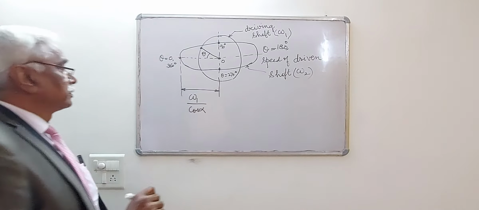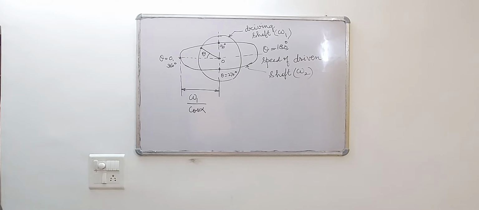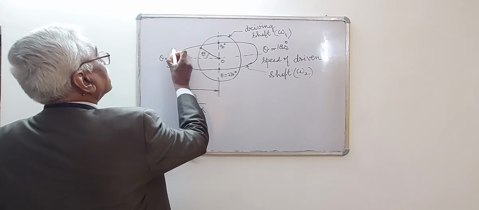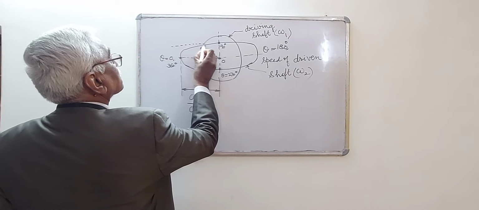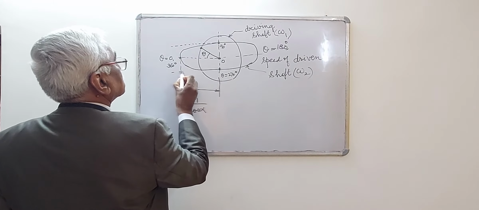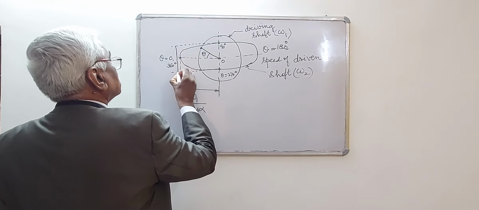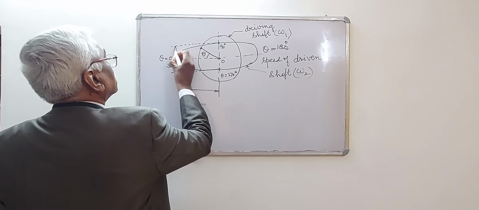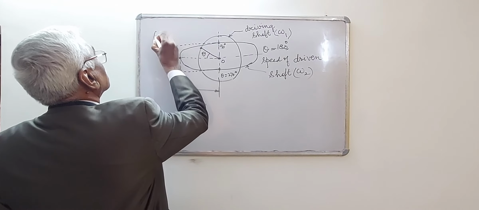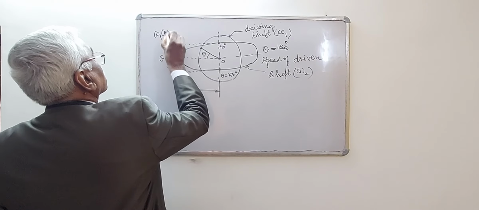We have derived it. And the minimum speed of the driven shaft will be this much, and the minimum speed will be omega 1 cos alpha.